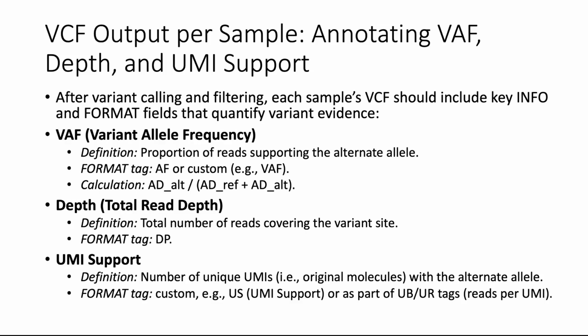And for each variant allele frequency we need to have the proportion of reads supporting the alternate allele, the total number of reads covering the variant site, and the number of unique UMIs which are related to these alternate alleles.